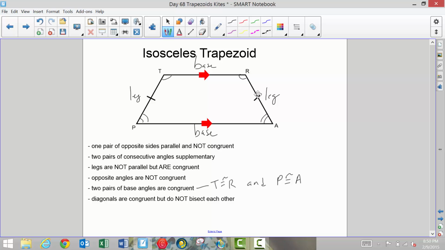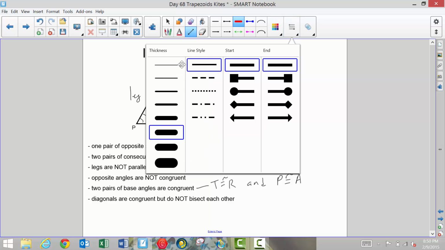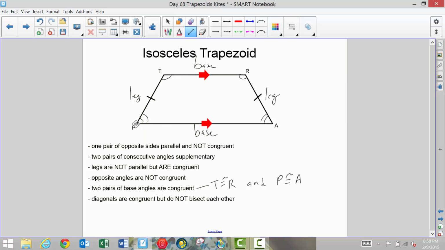So isosceles trapezoid, you have top base angles congruent, bottom base angles congruent. Still remember that the angles on the legs are supplementary. Bases are parallel, not congruent. Legs are not parallel, but congruent. And in this case, we also have the diagonals. So if I draw on my diagonals, so if I go from P to R, T to A, they are congruent.